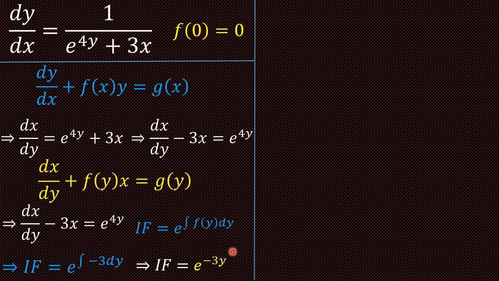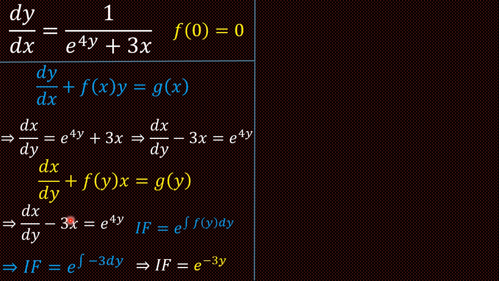Friends, we all know that when we are done integrating, we put on a constant, but in this case, forget the constant, don't bother about the constant. It is regarded to be 0. Great. So friends, having this integrating factor, what we need to do now is to take the integrating factor and multiply it with this DE. Take the integrating factor and multiply it by all of this DE.